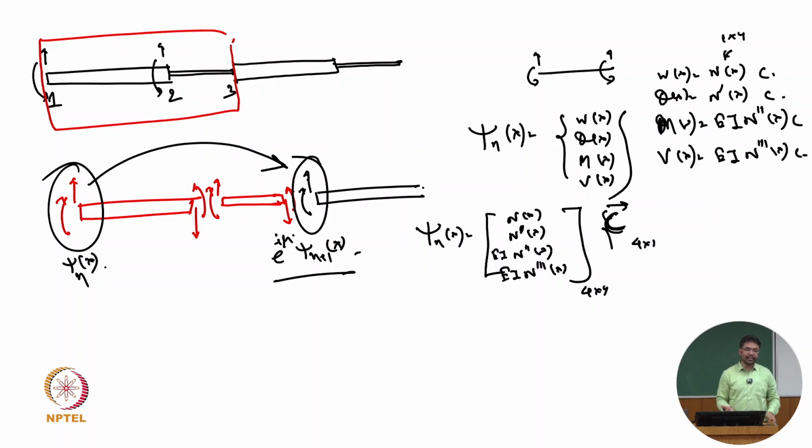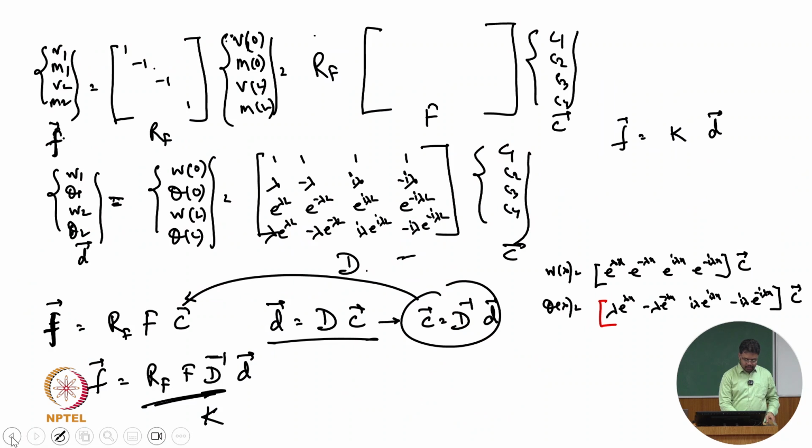So finally I am getting a 4 cross 1 vector. Agreed? And here you can see that I do not need to change the rotation like what we did previously.